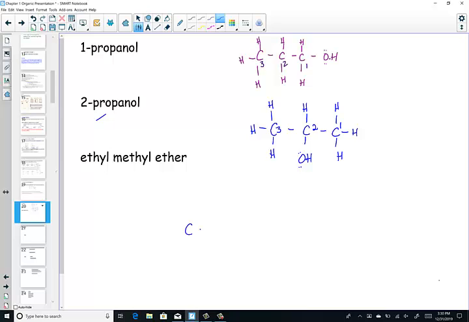What about putting the oxygen in the chain itself? Carbon needs 4 bonds. That tells us we have 1, 2, 3, 4, 5, 6, 7, 8 hydrogens, just exactly the number we need, and we place the oxygen within.